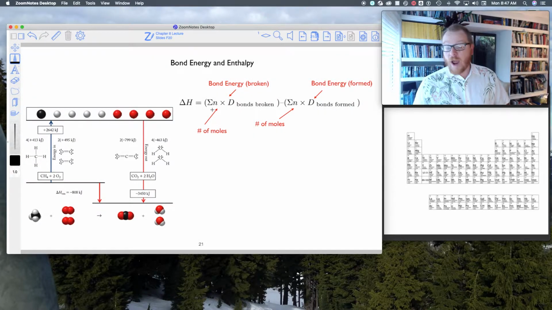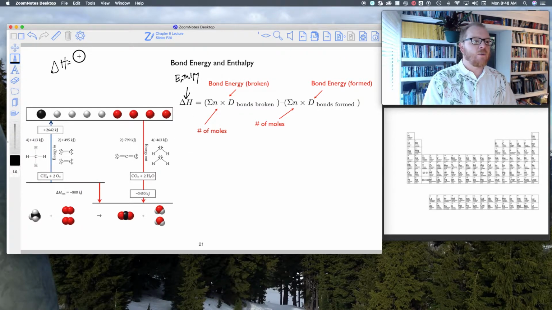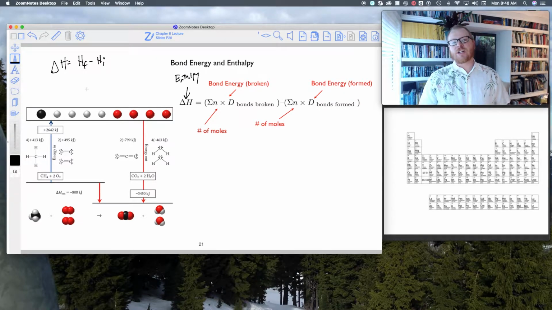There's another way we can think of calculating the delta H of a reaction. Remember, don't forget about enthalpy. Just because we're on a different chapter doesn't mean enthalpy goes away. This way of calculating delta H is still H final minus H initial.